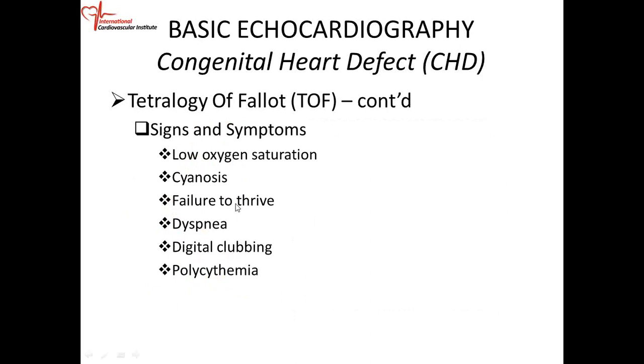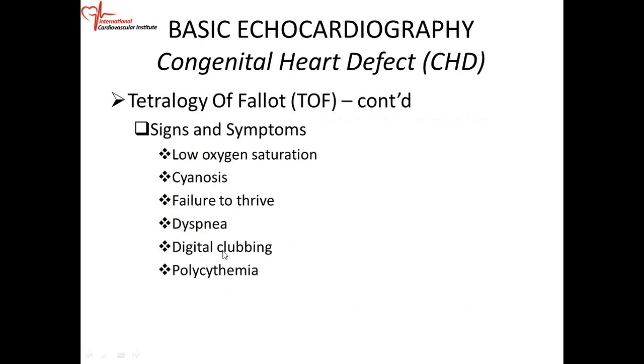Failure to thrive, okay, especially in babies, young kids. They do not grow at the normal rate. Dyspnea, shortness of breath. So you can get shortness of breath, which is a fairly common feature because of the right ventricular flow obstruction and the VSD.